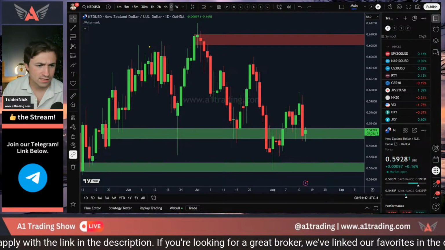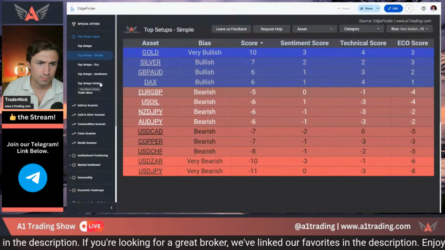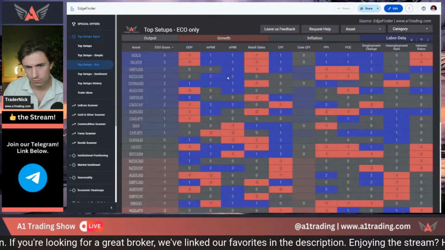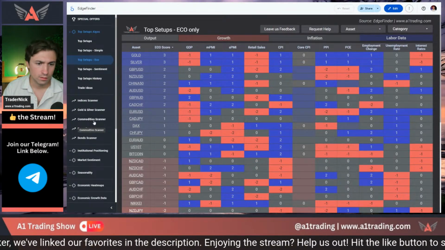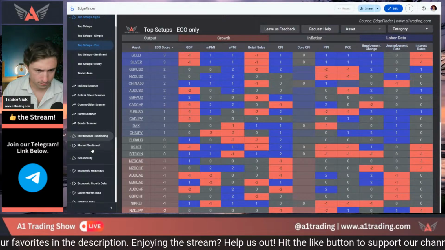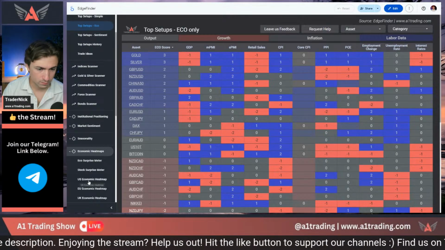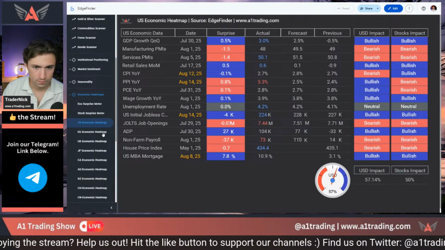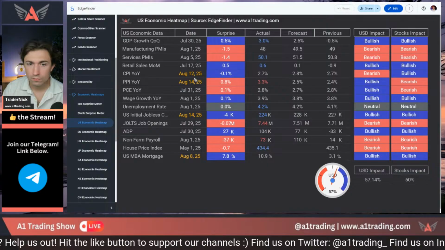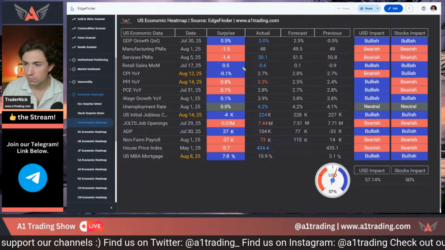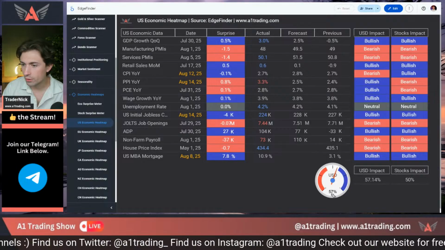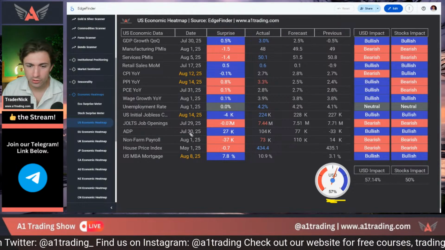Also, what is NZD USD looking like? New Zealand dollar. Okay, so US dollar getting actually kind of ticked higher here.